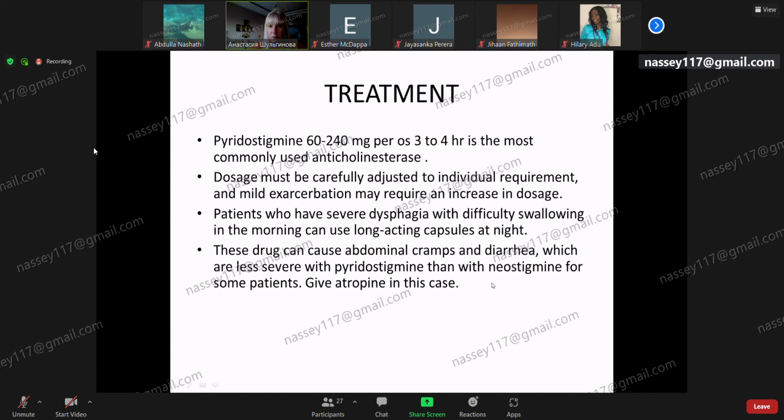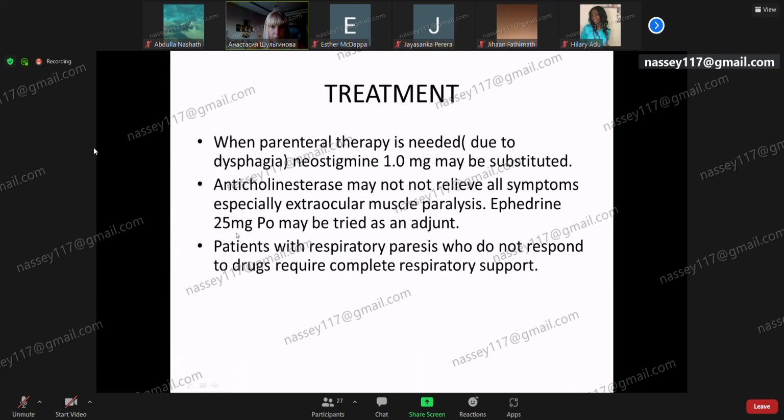If we see such results, we give atropine. Anticholinesterase drugs may not reduce all symptoms, especially in extraocular muscle paralysis. That is strange, this is not such a worse variant of the form, but it is hard to treat. Ephedrine may be tried in such a situation.